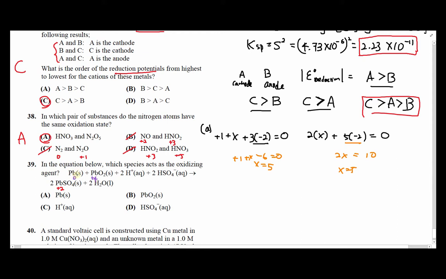So this lead, the solid pure lead, is being oxidized because of increasing our oxidation number, whereas the lead plus 4 oxide is being reduced. The oxidation number decreased by 2 units, 2 electrons. Therefore, our answer is B, PbO2 is reduced.